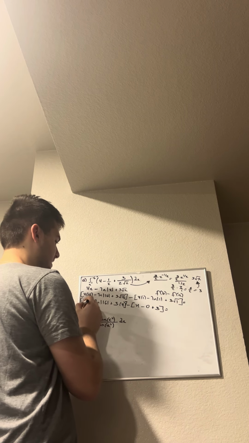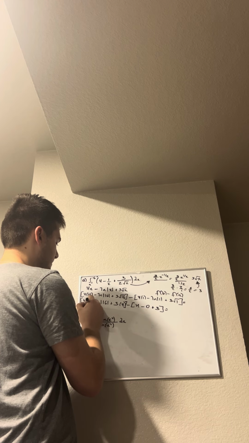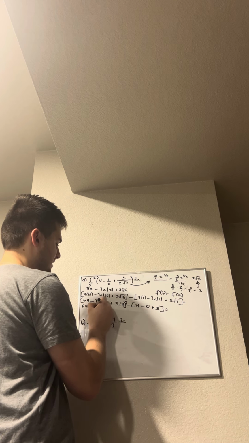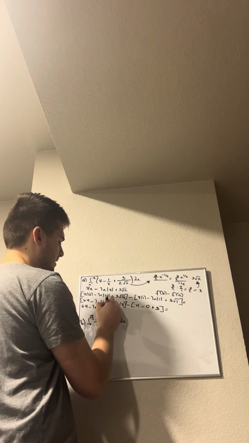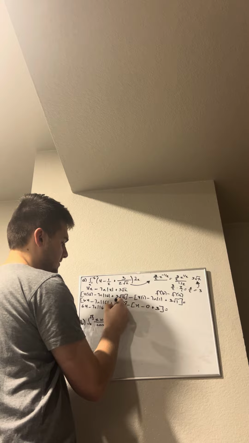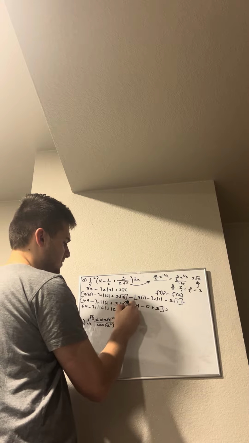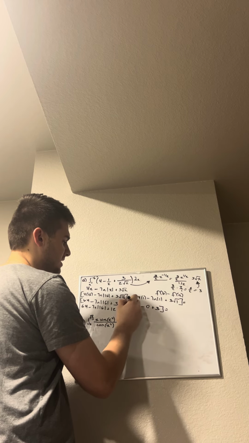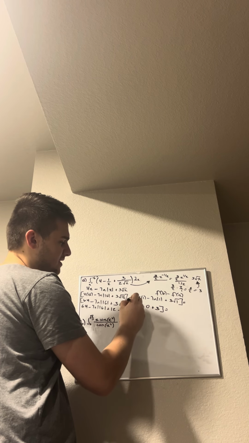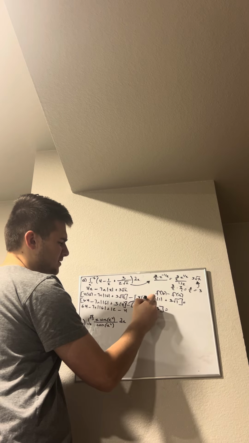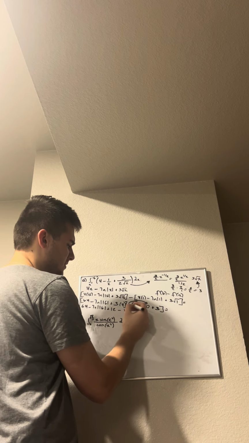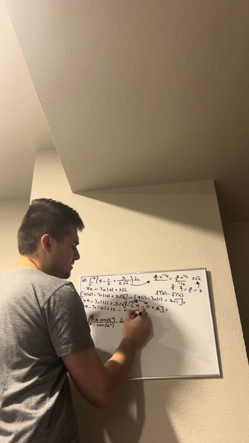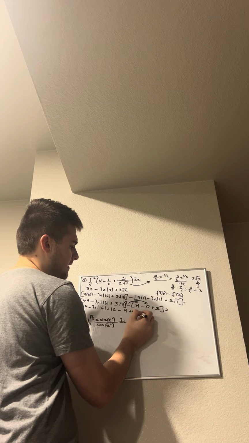So now we have 64 minus ln of 16 plus 12, minus 4, because you want to distribute the negative evenly into the expression. So we distribute it accordingly: minus 4 plus 0 minus 3.